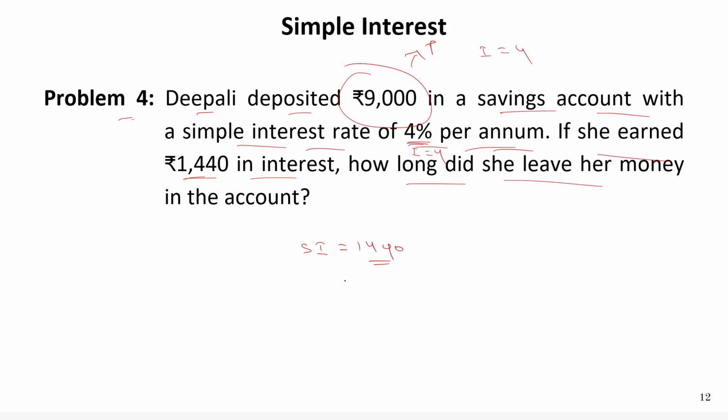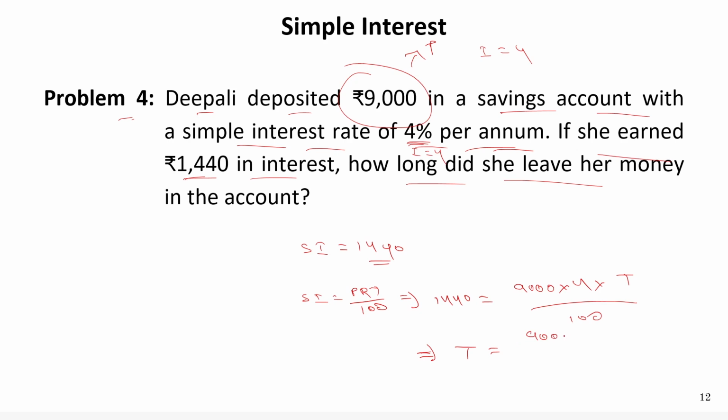Then how long did she leave her money in the account? So here again we are asked about T, right? SI is equal to PRT by 100. So this implies that 1440 is equal to 9000 into 4 into T by 100, where T is unknown, the number of years. As we have previously done, we keep the unknown term T on the left hand side, and all the known terms on the right hand side.